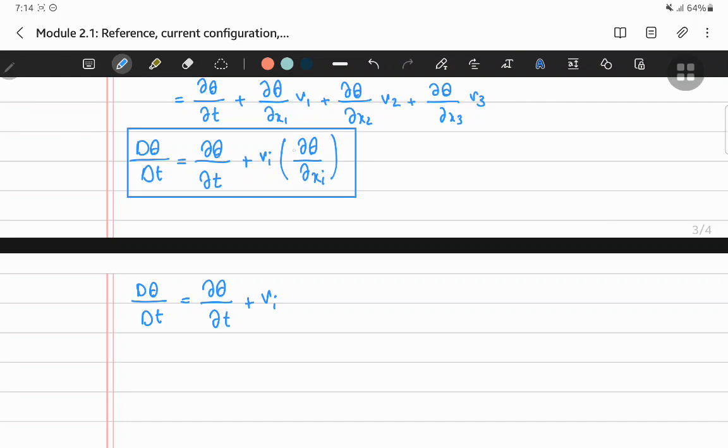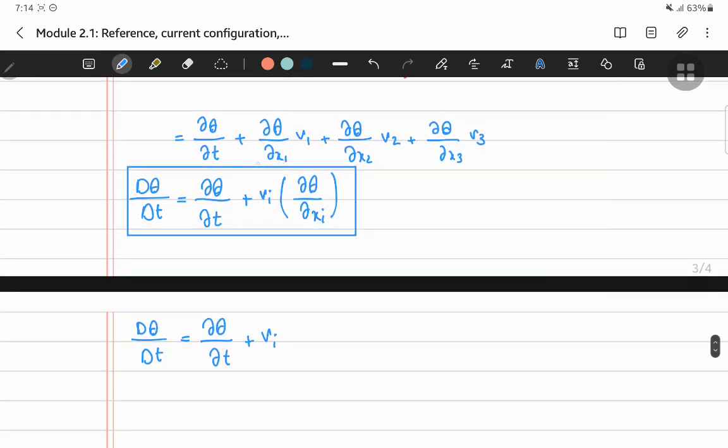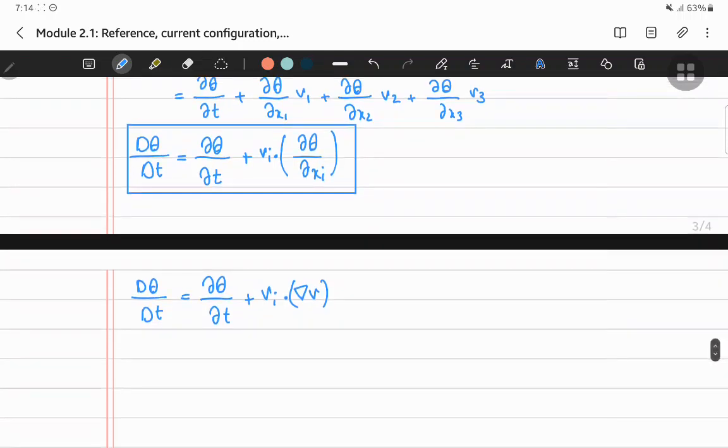This is the gradient of theta, this scalar field, which is basically a kind of vector. Here you see that we have a scalar value, so we put a dot in here: vi dot the gradient of theta.